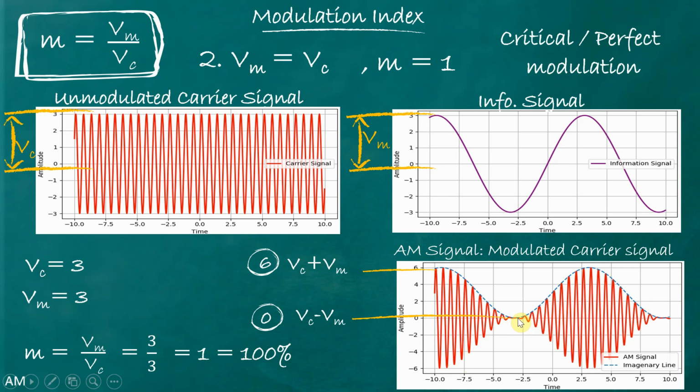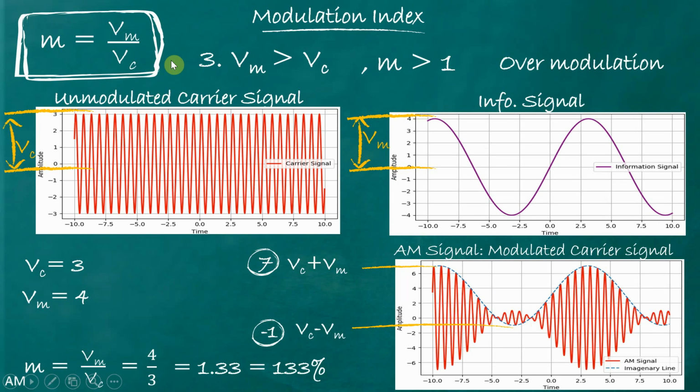At one point these two envelopes touch together. This kind of modulation is known as critical or perfect modulation. Again, if we have an ideal demodulator circuit at the receiver end, it can retrieve the information signal properly. Ideal case.